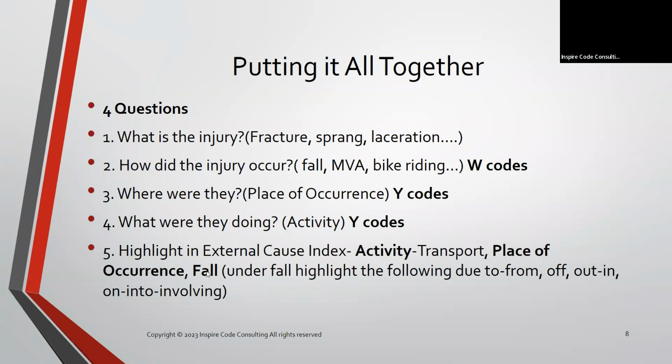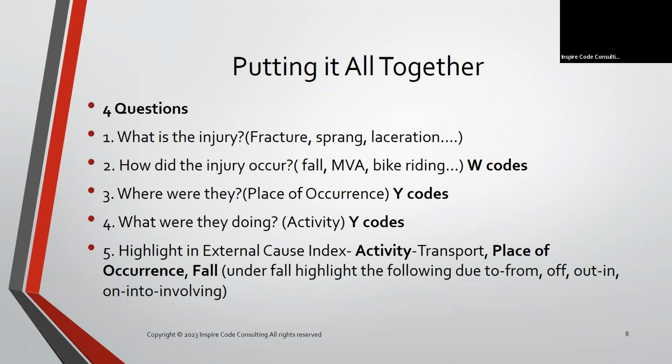And you also want to highlight fall. That way, when you go to those areas, you know exactly where they are, and you're able to go to it and find the specific place of occurrence or the specific activity, or in this particular case here, fall.